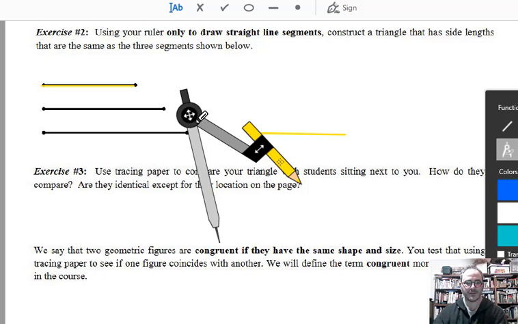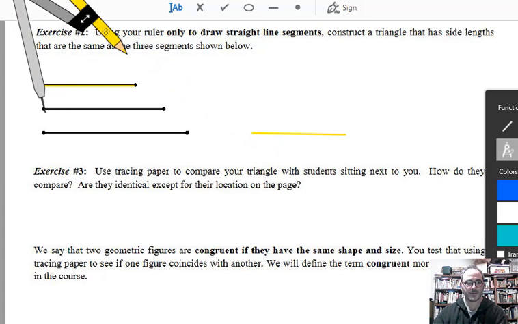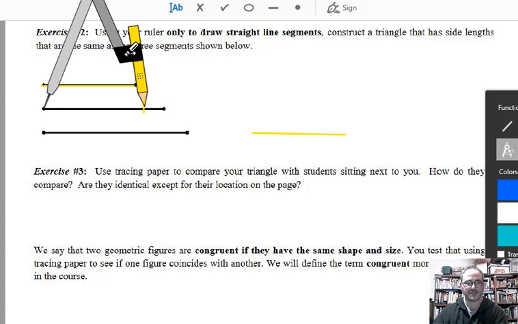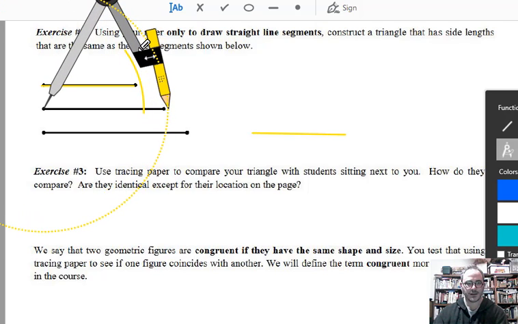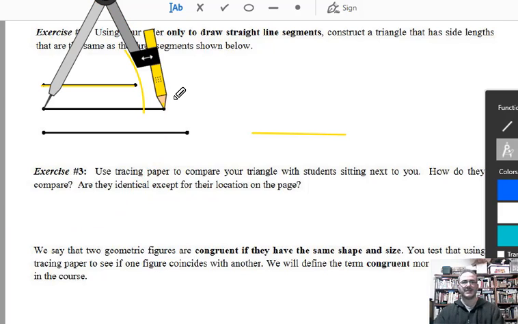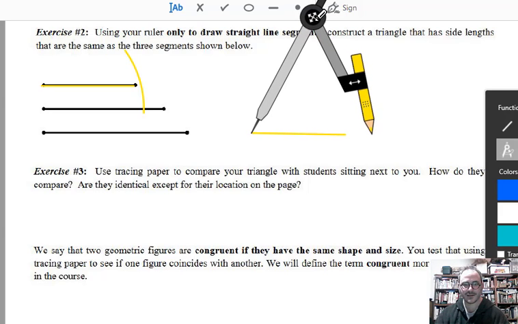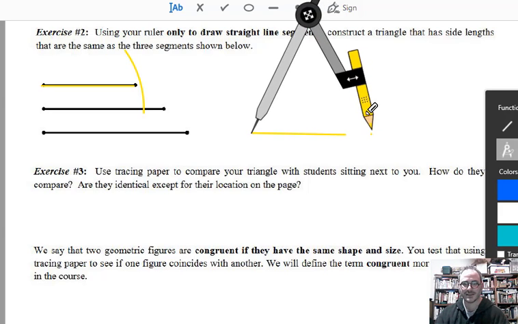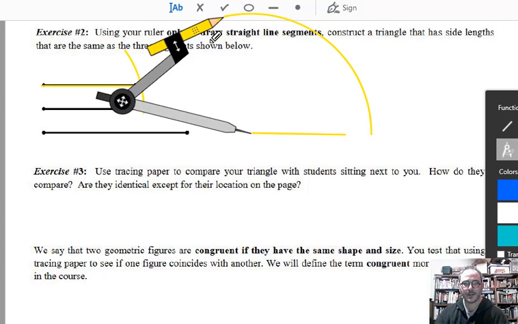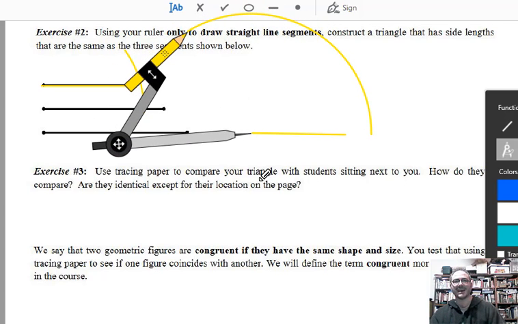How do I move you? Oh, there we go. I have to put the compass there. I have to take a compass measurement. There I am, taking a compass measurement. You see that? Now I bring this over here. And now I'm going to draw my circle. There's my arc mark. Isn't that great?